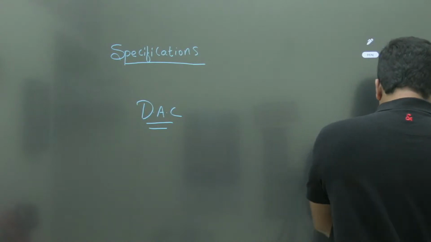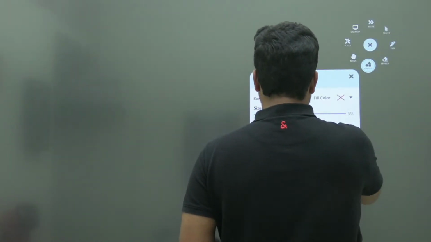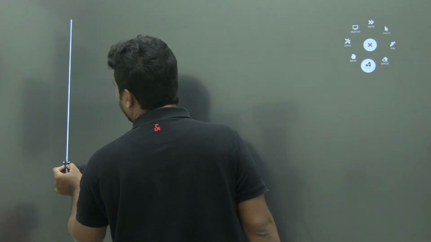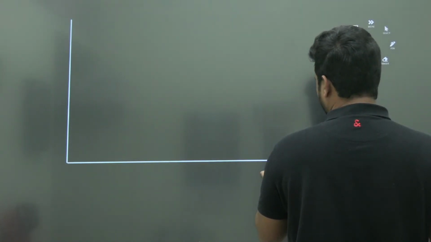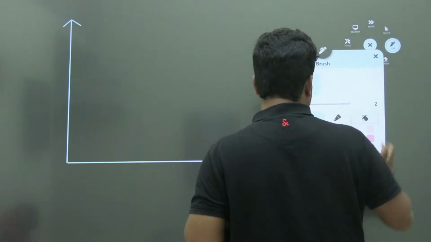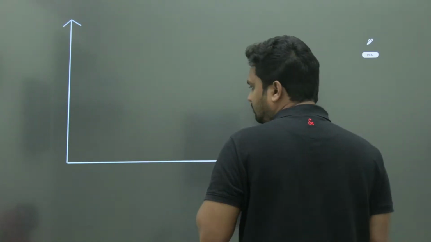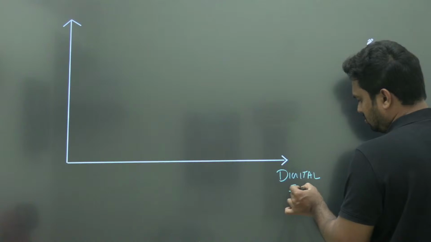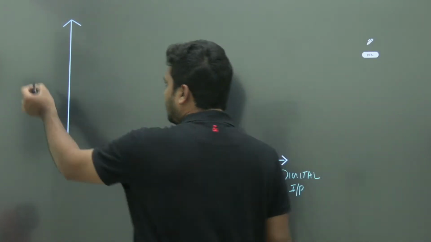Before that, let me draw one input. See, this is my digital input, and here I am measuring my analog output.